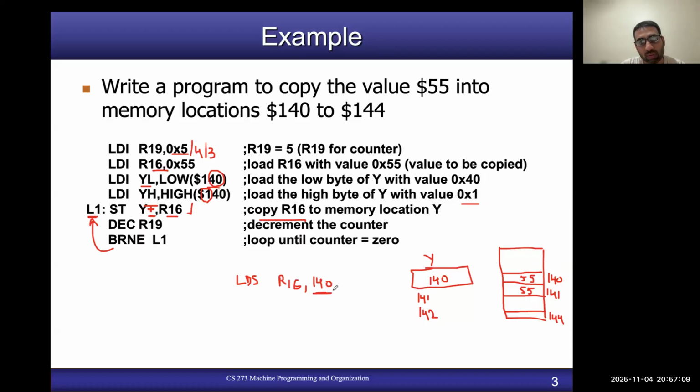It is not possible if you are using the direct addressing mode in the LDS instruction. However, it is possible to use a loop and increment the address in every iteration when you are using the register indirect addressing mode in the ST or LD instruction. Okay. Any questions?